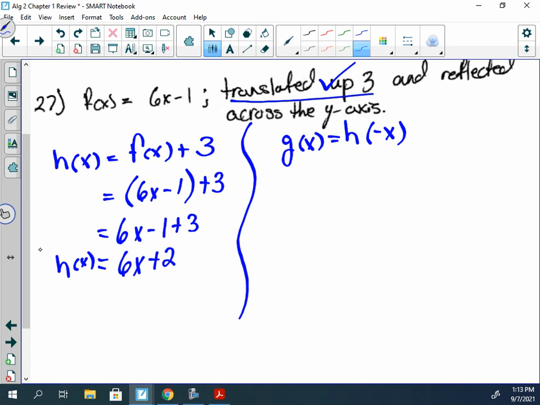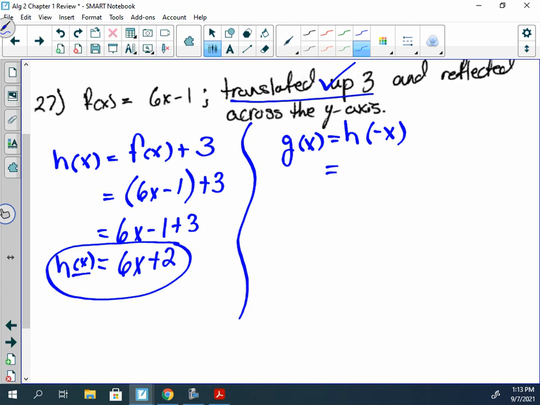It's just a way for us to define the function. We're not going to use f of x at this point because we're not talking about the original function. We're talking about the one that was moved up 3. That's the one we're reflecting. So we'll call it h of x.